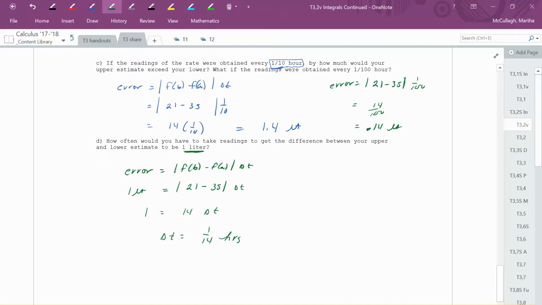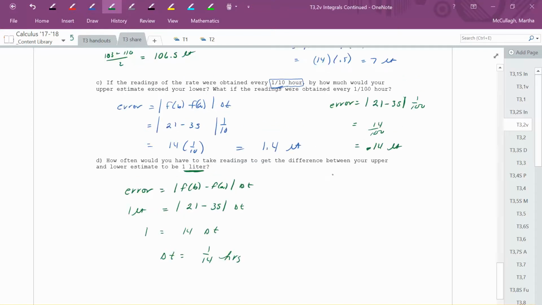If I needed to find how many measures there would be, I would use N equals B minus A over delta T to find out how many intervals there are.